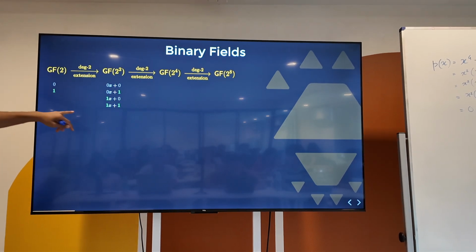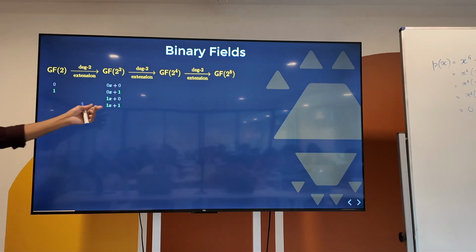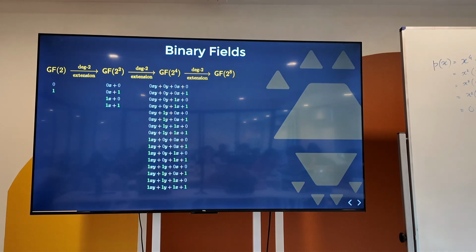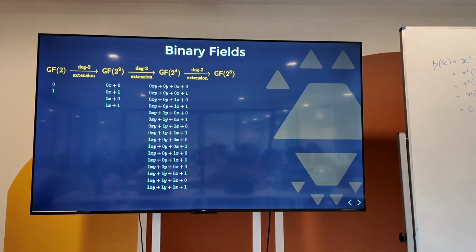So we've already seen 2 of these fields. GF2 is just 0 1, then GF2 to the power 2 is of course 4 elements, where X is called either a variable or indeterminate, whatever you like. Similarly, you can define elements from the degree 2 extension of your GF4. This will contain 16 elements, and now you have 2 indeterminates, Y and X. The indeterminates or variables are not really important.